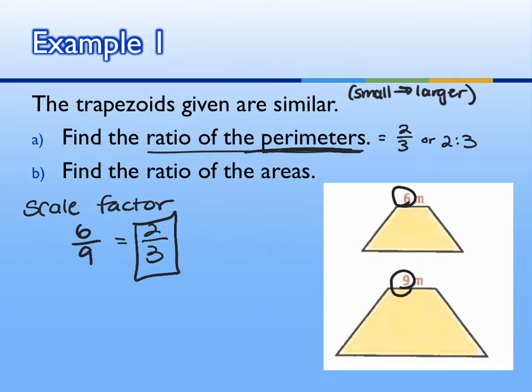And the ratio of the areas would be 2 squared to 3 squared, or 4 to 9. Easy stuff, right? Just set up your scale factor, reduce it, and that's the same for the perimeters, and then you'd square it for the areas.